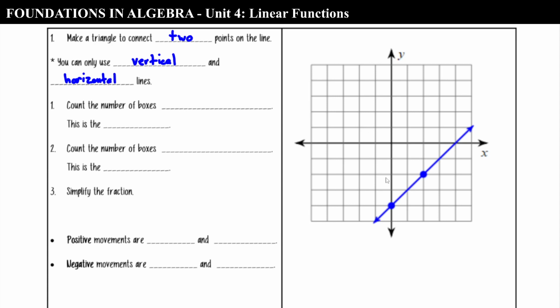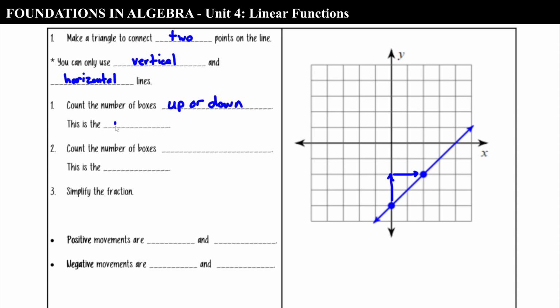Okay, so over here in this example, we're going to make a triangle going up 2 and going over 2. Okay, so we made our triangle here going up and over. We're going to count the boxes up or down.